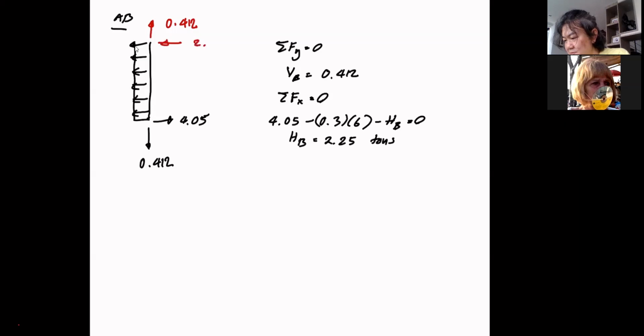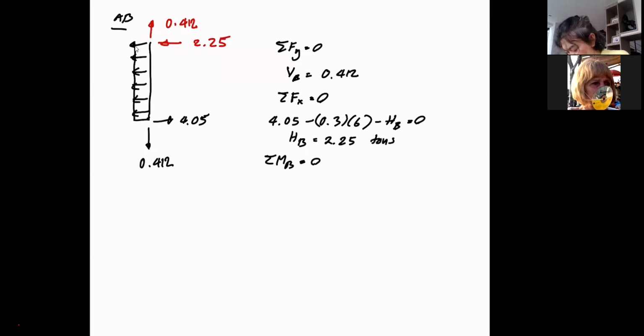So that is that. So the last one is the moment. So let's take sigma, not that sign. Okay, sigma MB equal to 0.